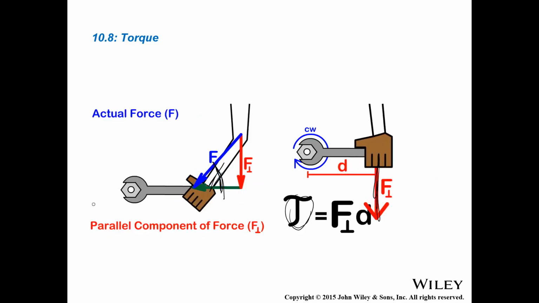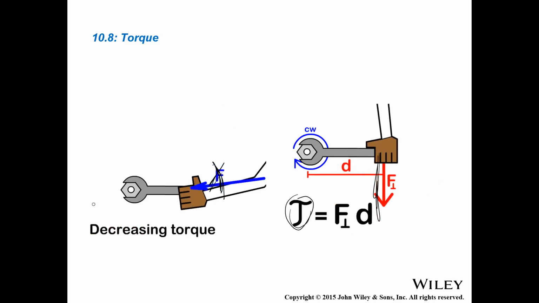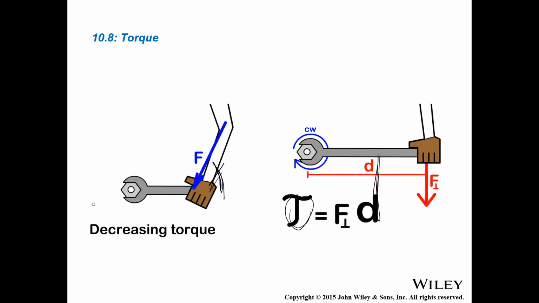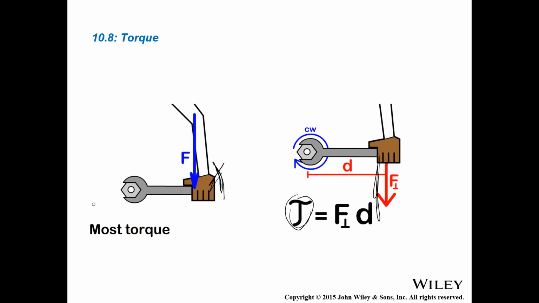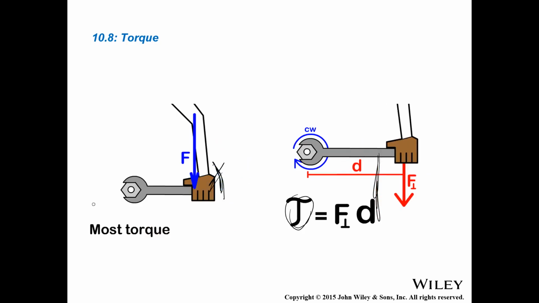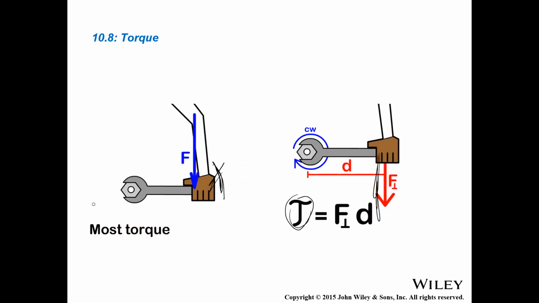When you want to rotate an object, you always feel it's easier to go perpendicular to the axis of this object, right? So for example, I want to open the door. If I exert a force which is perpendicular, it's easier than if I exert a force that is oblique. Here, you feel it's harder to rotate, right?